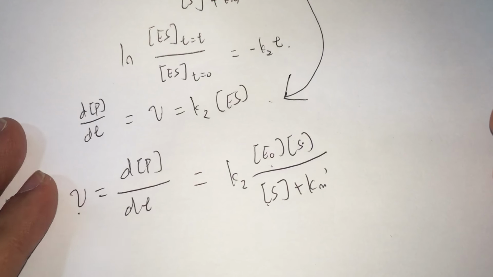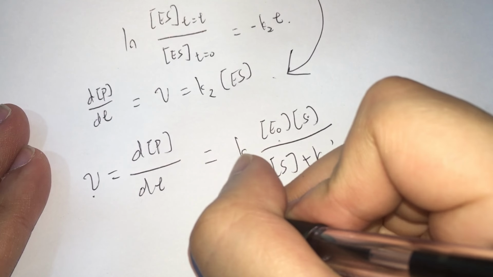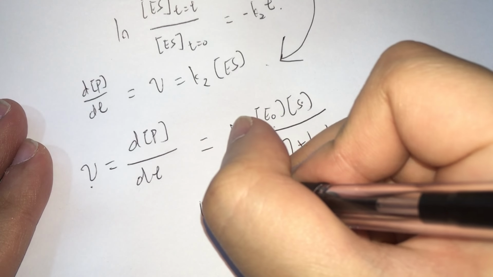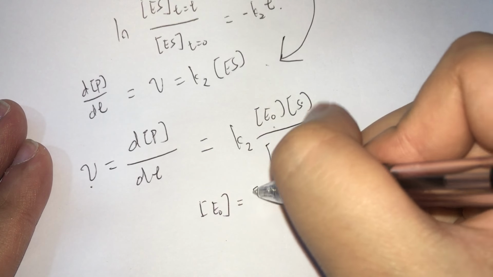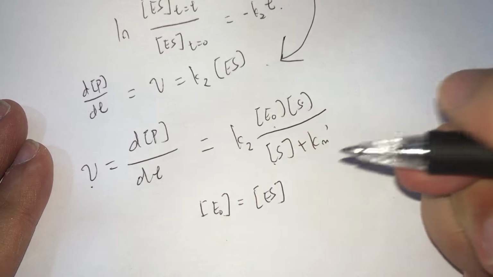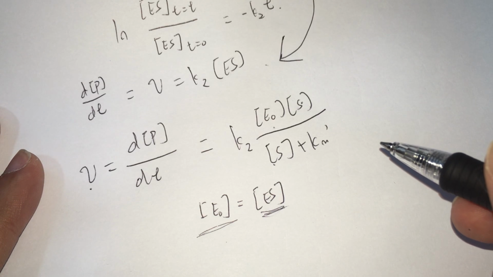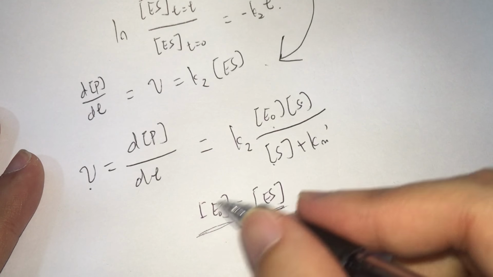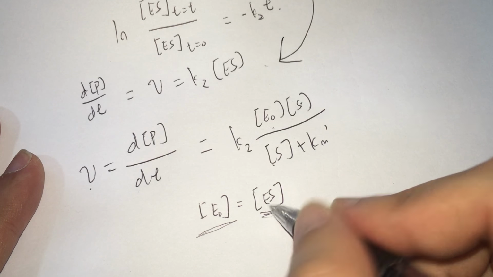And let's say there is a case where E naught equals ES. That means basically all the enzymes are filled with a substrate, because all enzymes have been converted into enzyme substrate complex.